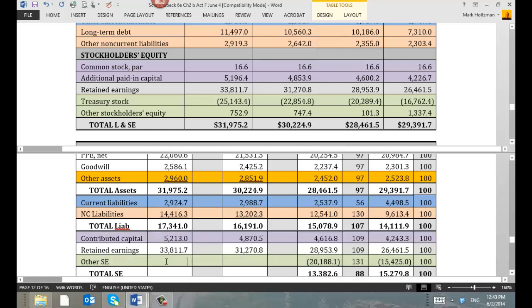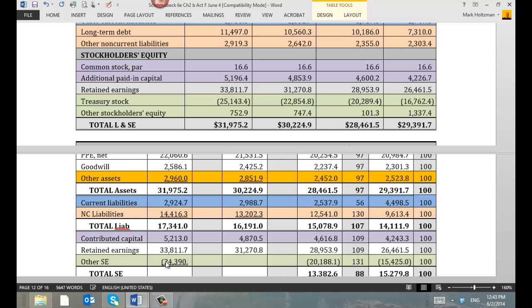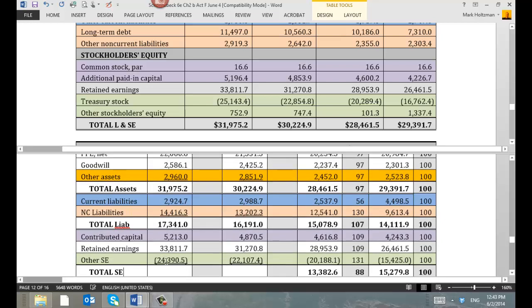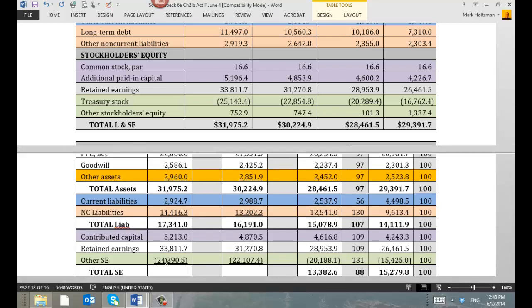So other stockholders' equity here would be negative, that's with the parentheses, 24,390.5 and 22,107.4. And then total stockholders' equity is contributed capital plus retained earnings plus other stockholders' equity, which comes out to 14,634.2 and 14,033.9.